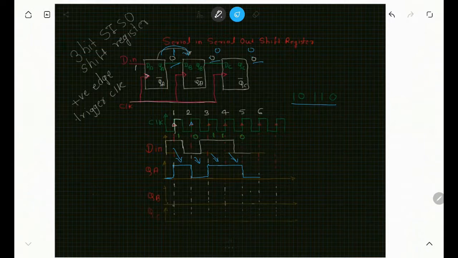Therefore here the data of the second flip-flop gets changed, and as it follows the data of QA, therefore also in this case this gets shifted.